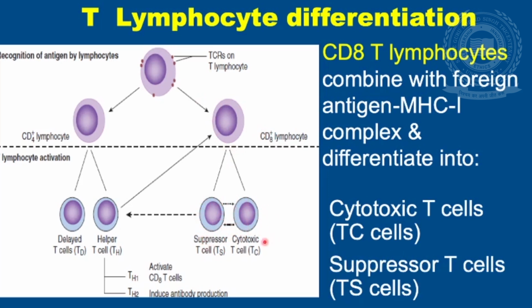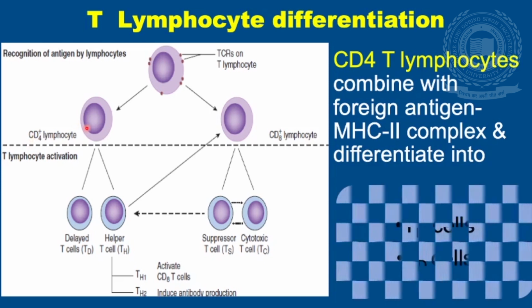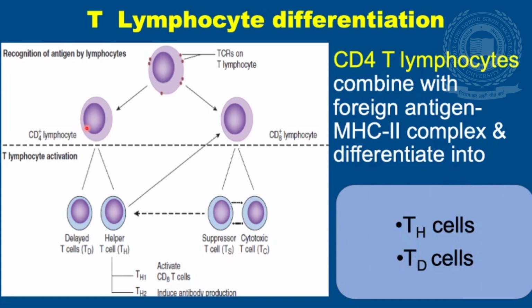Cytotoxic T cells are known as TC cells, while suppressor T cells are known as TS cells. Now, the CD4 type of lymphocytes combine with the foreign antigen MHC class 2 complex and differentiate into helper T cells known as the TH cells and the delayed type hypersensitivity cells known as the TD cells.